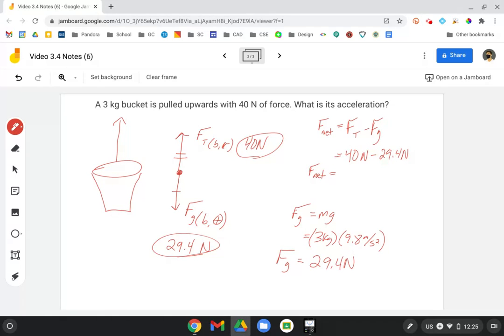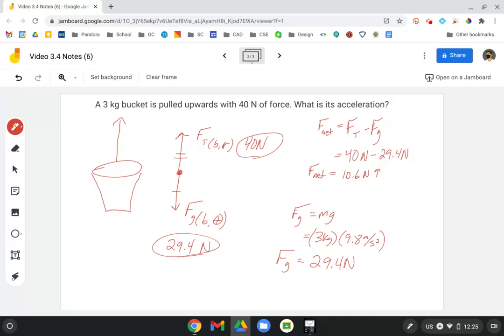That would be 10.6 newtons. Because the stronger force is upwards, our net force is also upwards. That's important because the direction of the net force is also the direction of the acceleration.